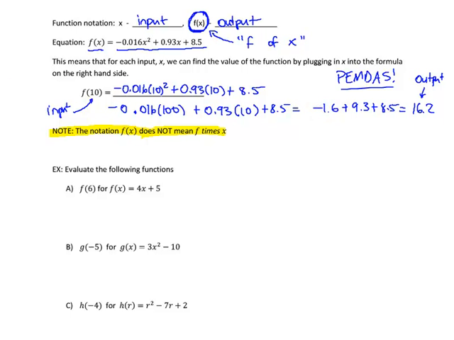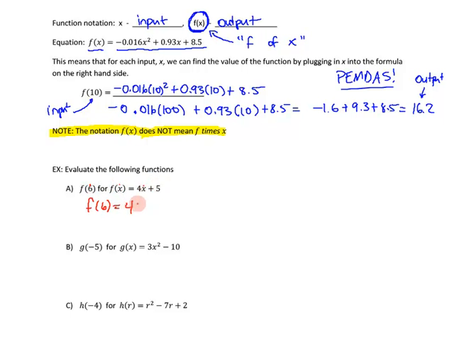Now let us consider a few examples. Let's evaluate the following functions. In this first example, we're asked to find f of 6 whenever we know that f of x is in fact equal to 4x plus 5. So f of 6 is equal to, that means take the 6, and everywhere there's an x, we're going to put that 6.